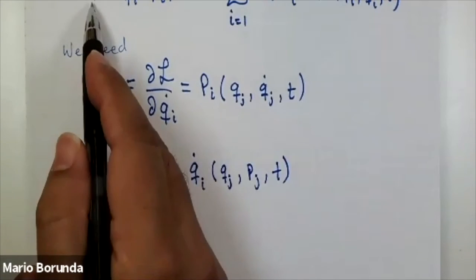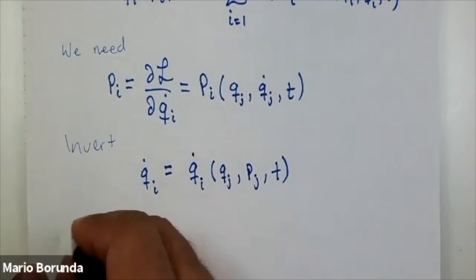So we have to look at this Hamiltonian and write its variation.